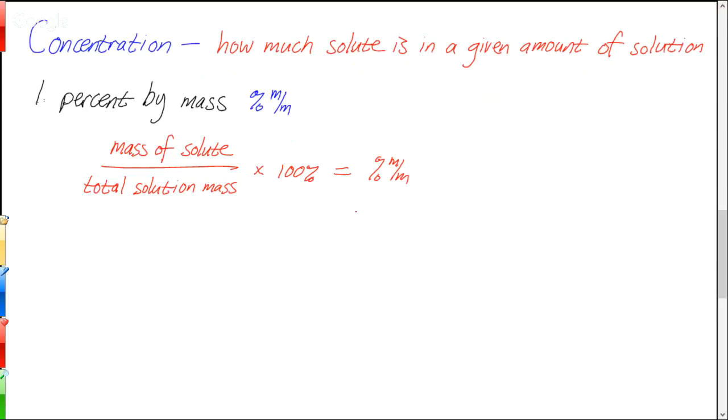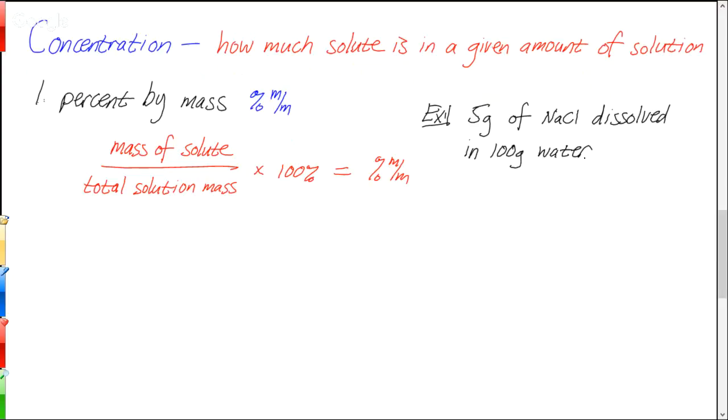So let's look at an example here. Five grams of sodium chloride dissolved in 100 grams of water is not a 5% solution, because you need the total mass to divide by.